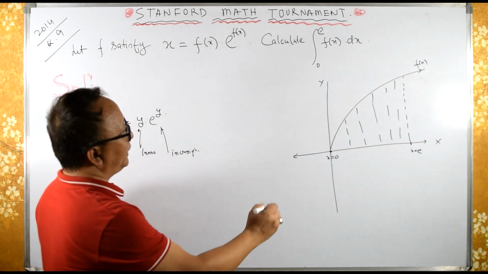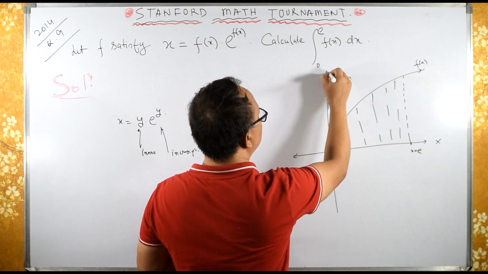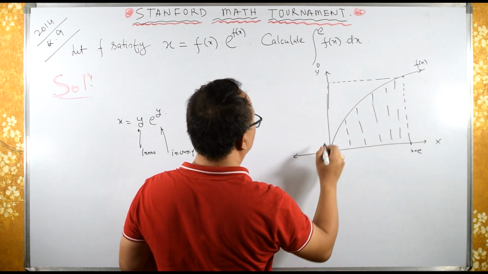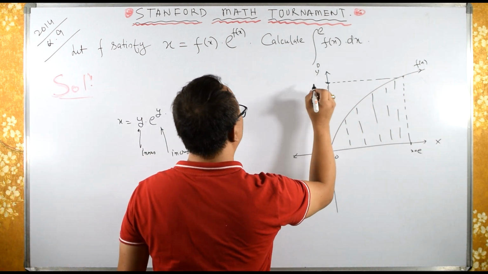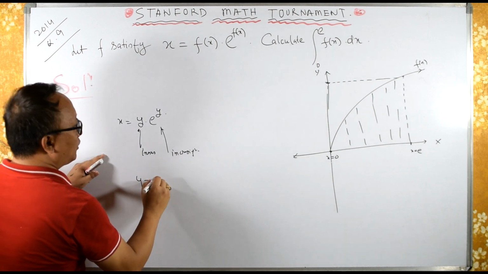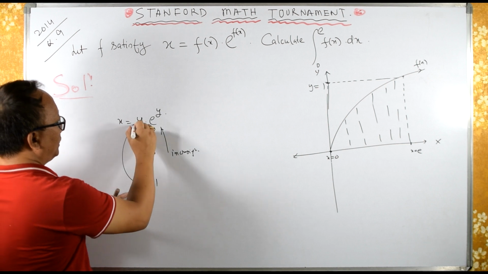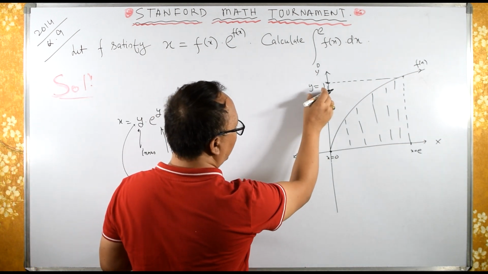Now if I consider this way, let's extend this over here, this is y. Now let's see what about these points. When y equals 1, it satisfies this equation. So y equals 1 satisfies this equation. Therefore we have y equals 1.